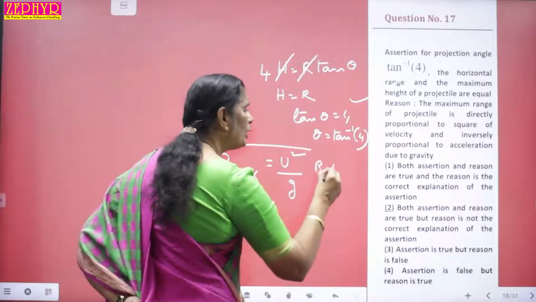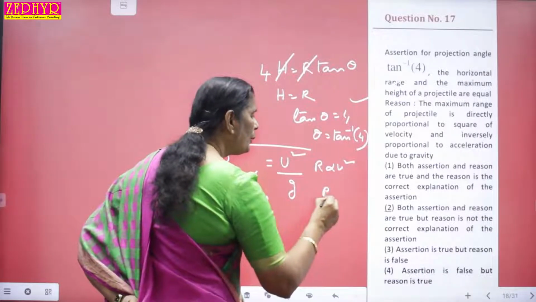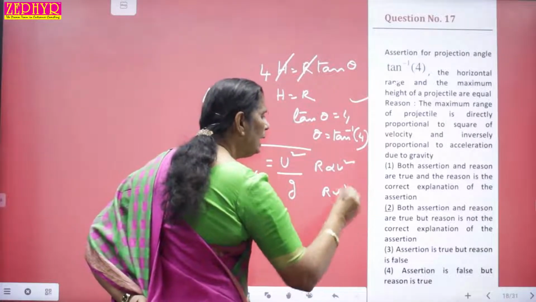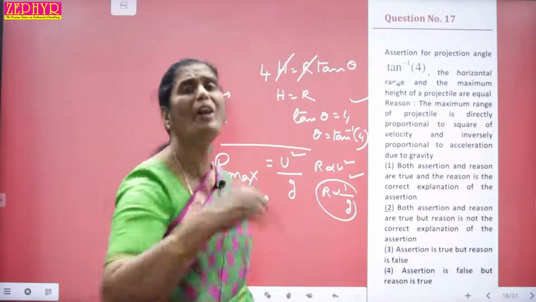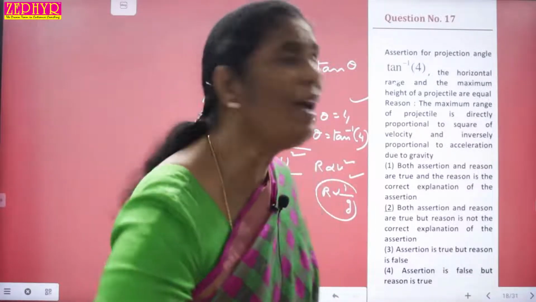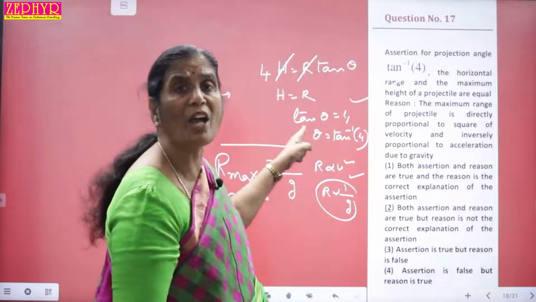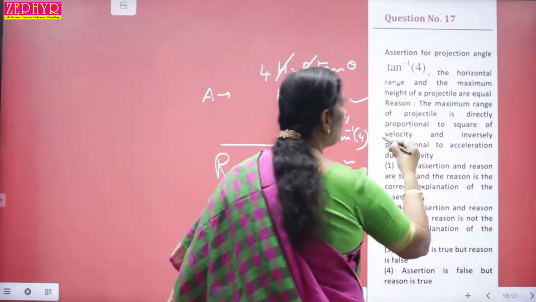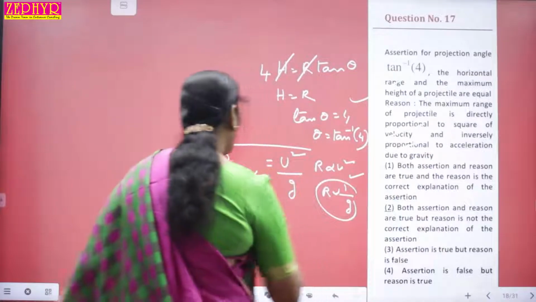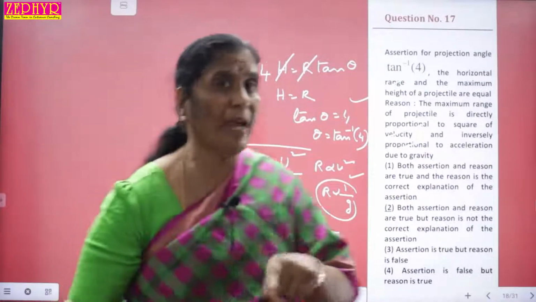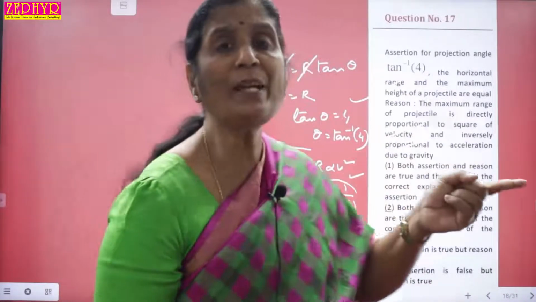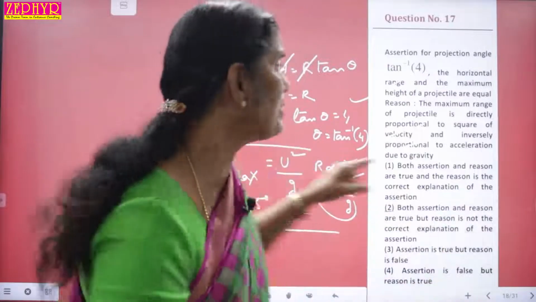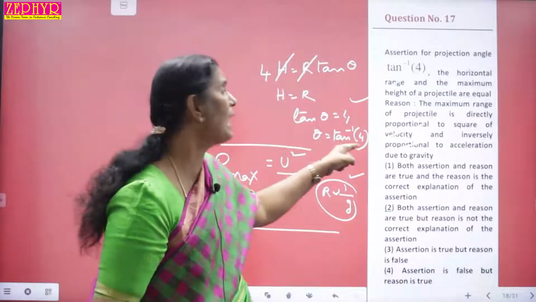R is proportional to U square, and R is proportional to 1 by G. Correct, but he is talking about 45 degrees, not about this angle. What he said is true for 45, but my first statement is for theta equal to tan inverse 4.